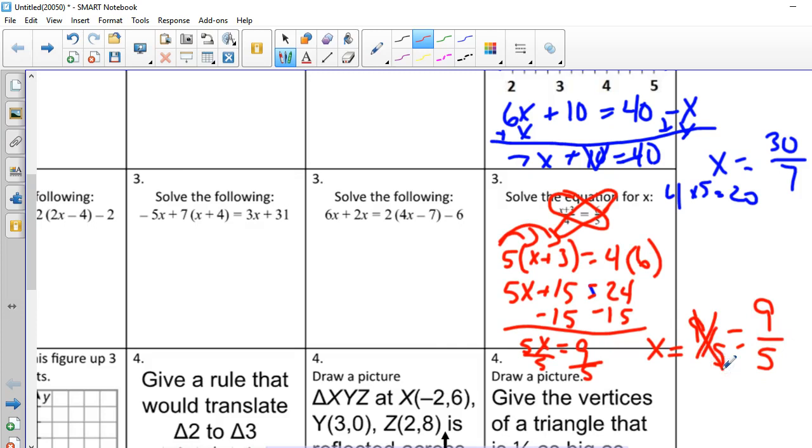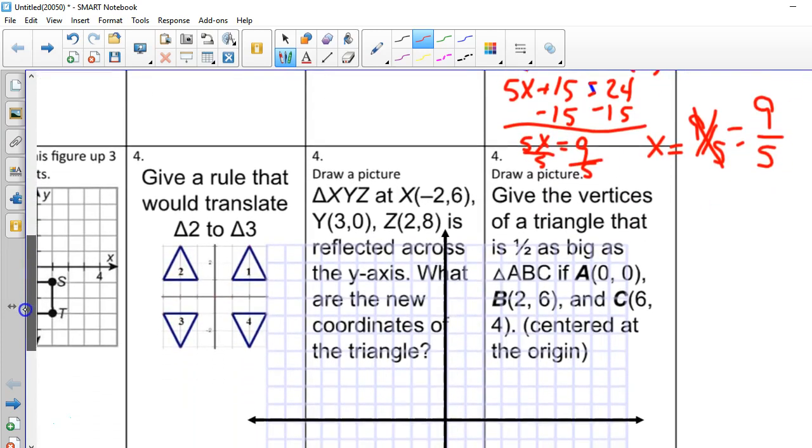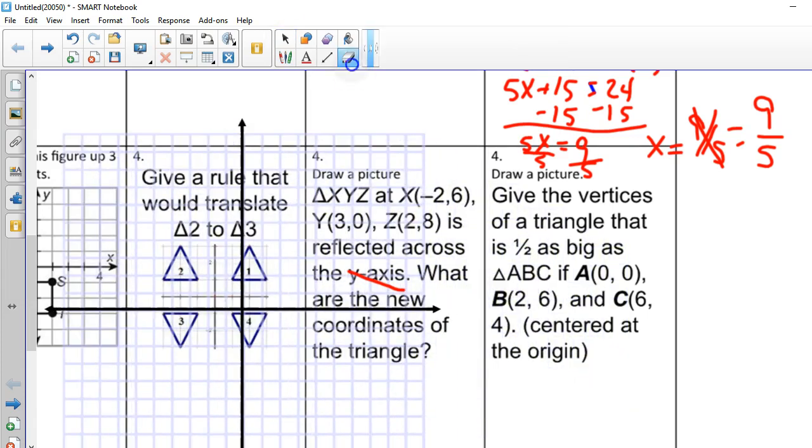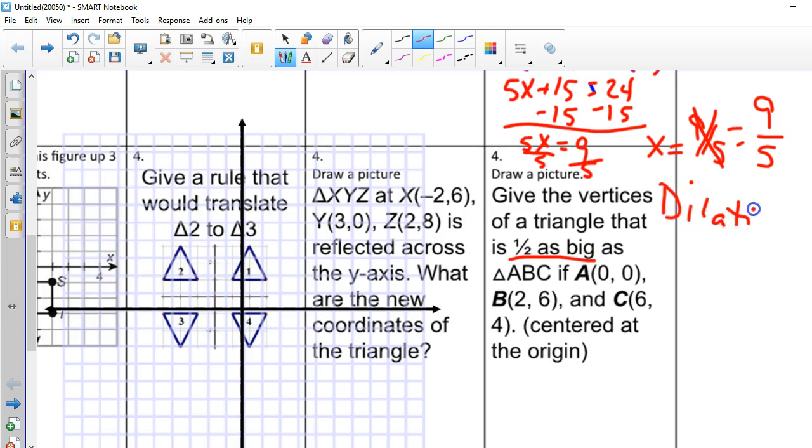Okay? And then number 4 wants us to give the vertices of a triangle that is half as big as triangle ABC if A is 0, 0, B is 2, 6, and C is 6, 4, centered at the origin. Well, right here where it says half as big, that tells me that this is a dilation. So all I really have to do is line up my ordered pairs.